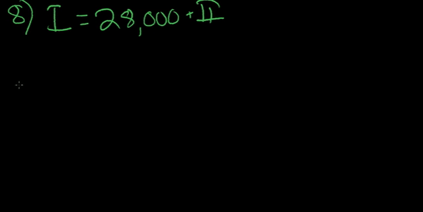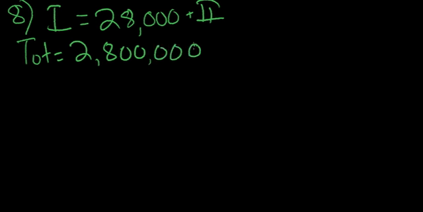So the total number of votes equals 2.8 million, which is 2,800,000. Okay, so let's set up our equation. Let's say 1 equals x and 2 equals y.